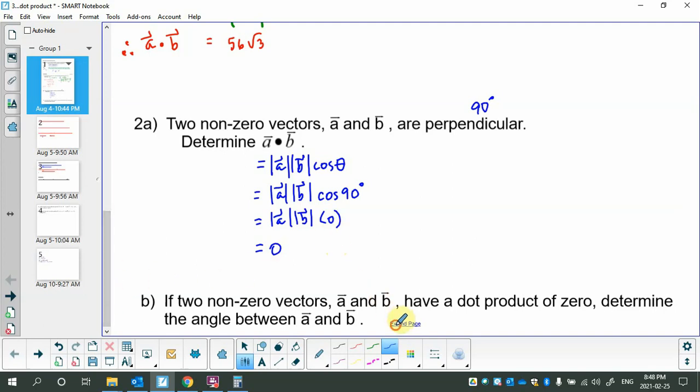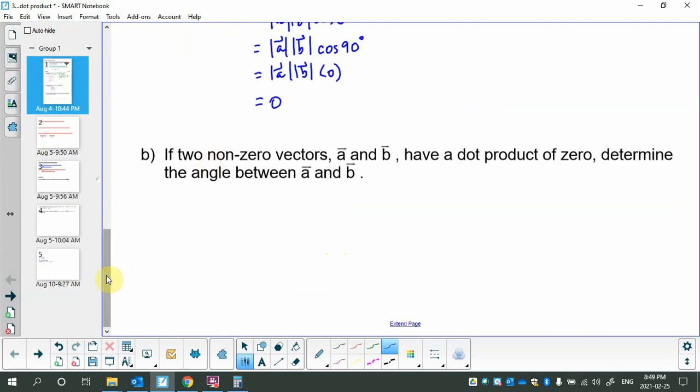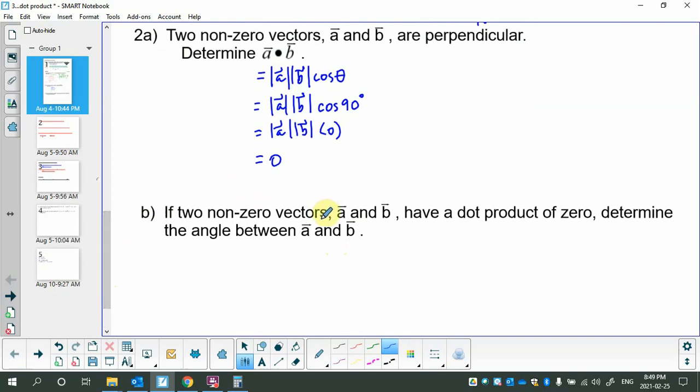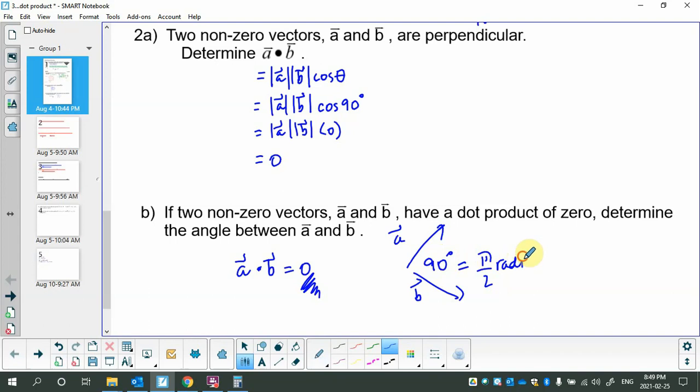So that also means, for part B, that if 2 non-zero vectors A and B have a dot product of 0, so I don't know what the vectors are, but their dot product is 0, it says determine the angle between A and B. And for this to be a 0, this angle has to be 90 degrees, or if you prefer radians, pi over 2 radians.